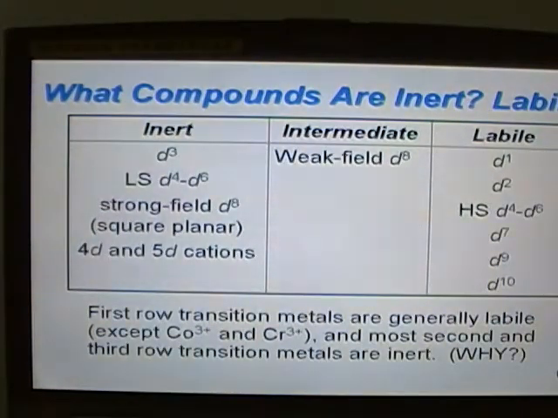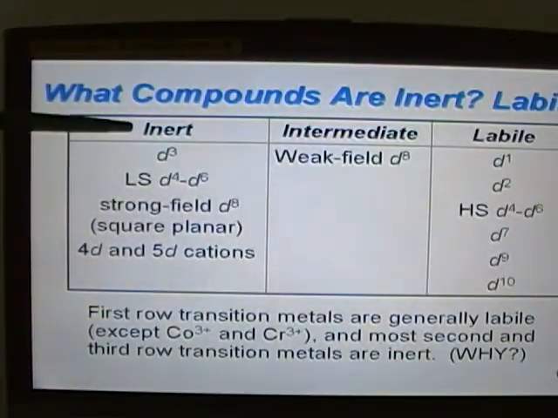So how do you determine if a compound is inert or labile? Well, you look at the electron counts of the transition metal. This is a set of general guidelines. This is not absolute.